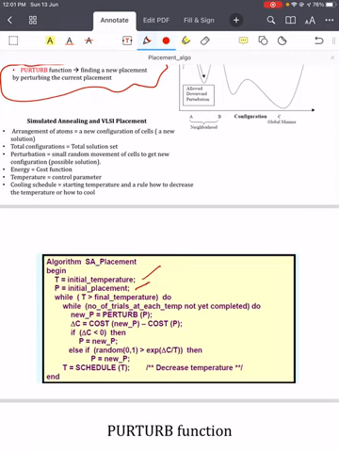And then we calculate how much cost variation there is if we take the new solution, whether the cost is decreasing or increasing.